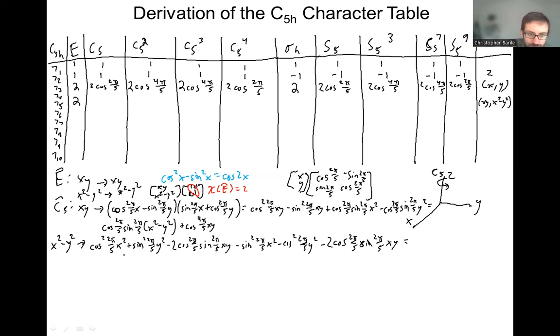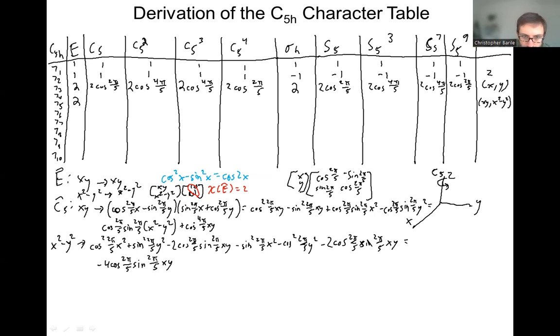And so if we simplify this, what are we going to get? Well, we have this negative 4 cosine 2 pi over 5 sine 2 pi over 5 xy, those terms collapse together. And then we have these other terms. And what we want to do here is try to factor out an x squared minus y squared. Well, how can we do that?